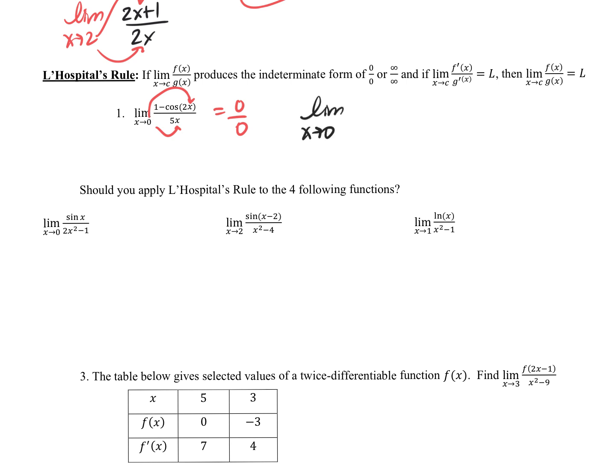Let's take the derivative of that top. The derivative of negative cosine: sine of my angle times the derivative of my angle. What do we get extra? 2. Yup. Over the derivative of the bottom, 5. Yeah.